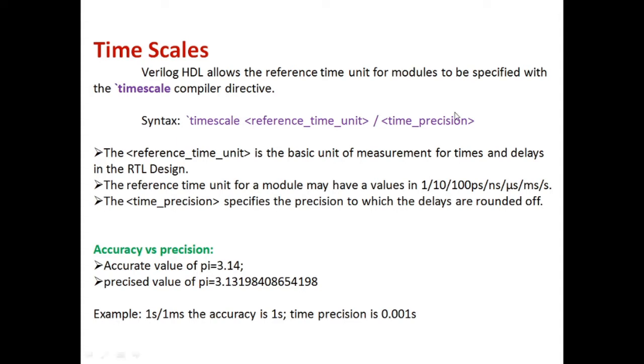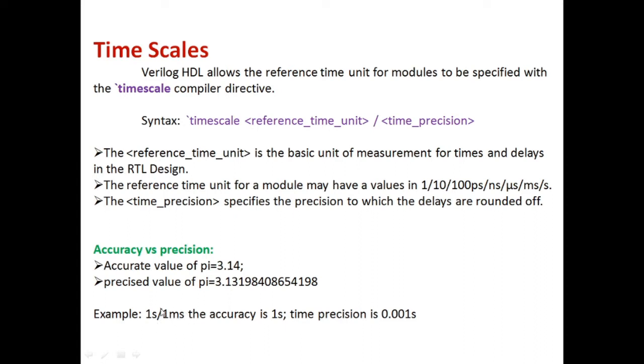For example, the reference time unit for a module should be in the form of 1, 10, 100 picoseconds, nanoseconds, micro or milli or seconds. And the precision specifies the precision to which the delays are rounded off. For example, here you can see 1 second by 1 millisecond.